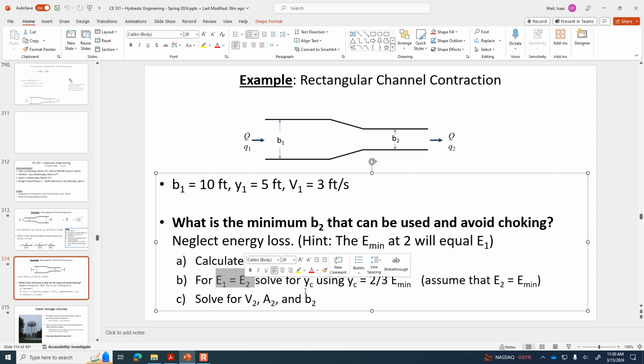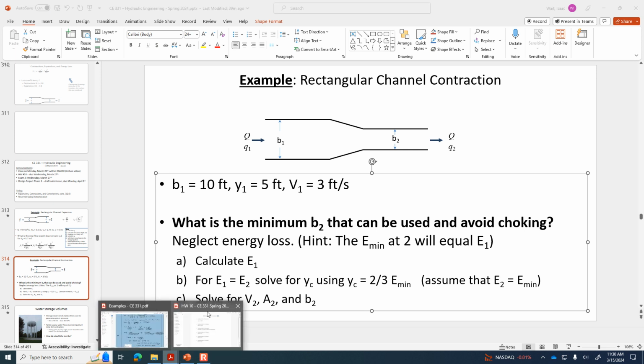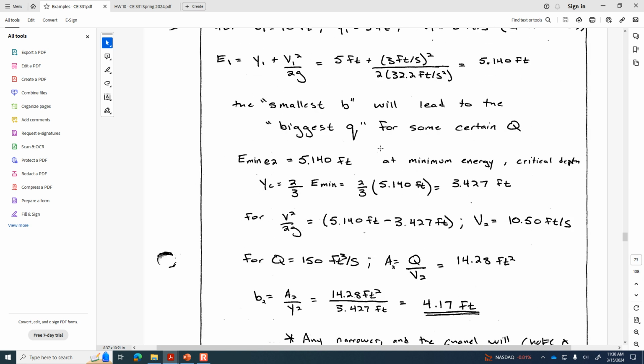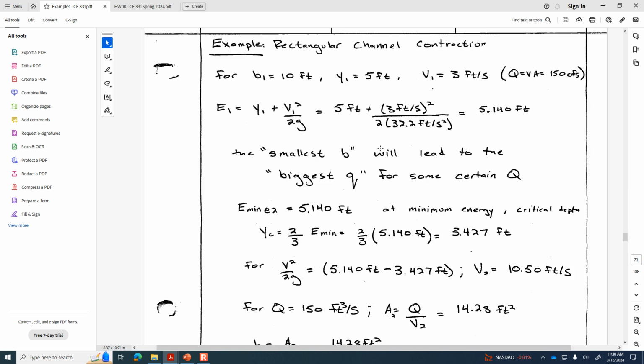So the critical depth is going to be 2/3 times 5.140 feet. So the water is going to be flowing at critical depth, and the critical depth downstream at 2 is going to be 3.427 feet.